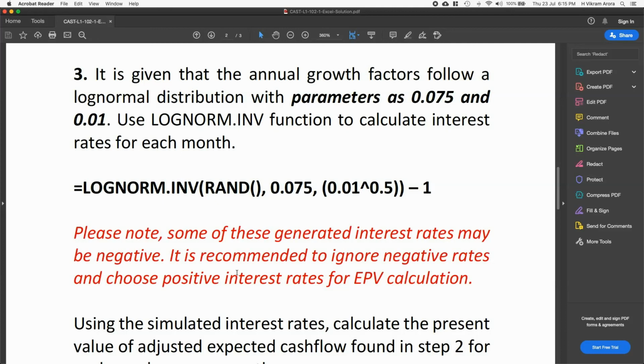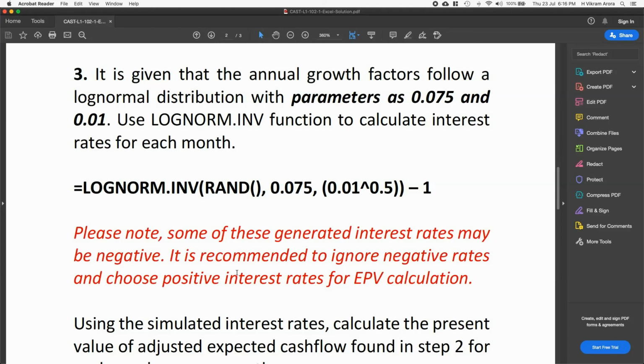Suppose for the first month we have generated, let us say, 0.008, which is 0.8% per month. Then for all 14,729 employees, when we discount, we use that 0.8% per month, which may be translated from a bigger rate of, let us say, 10% or 11% per annum.